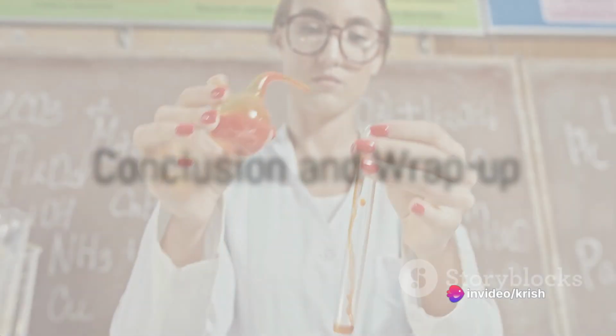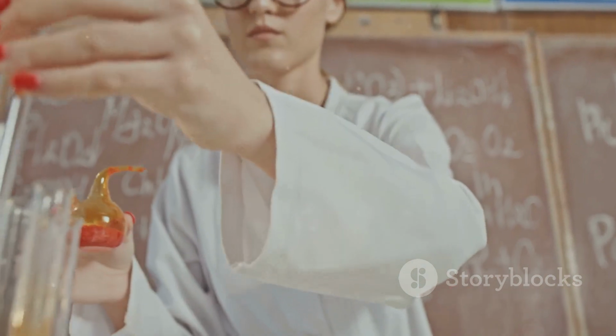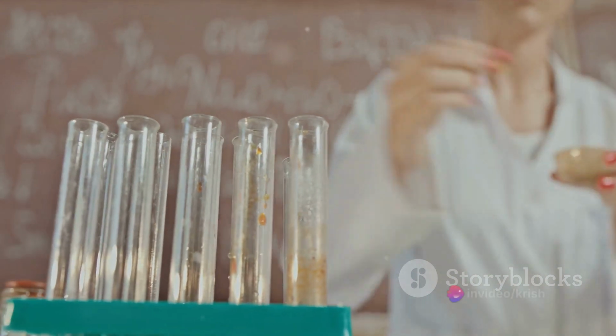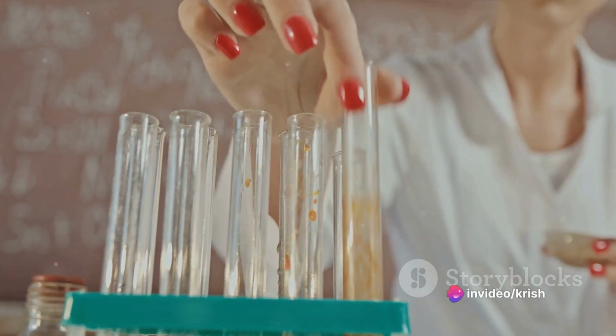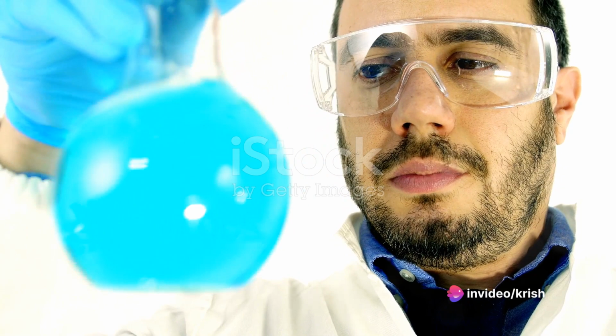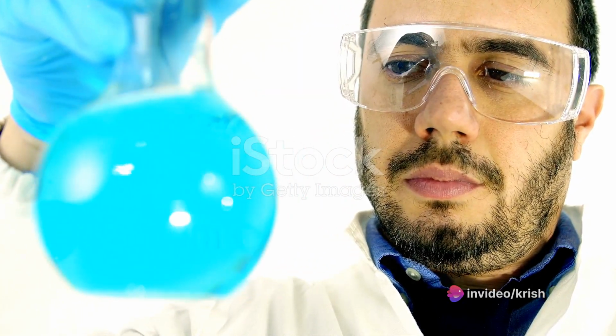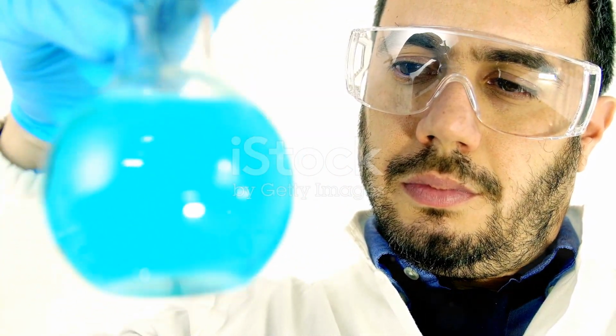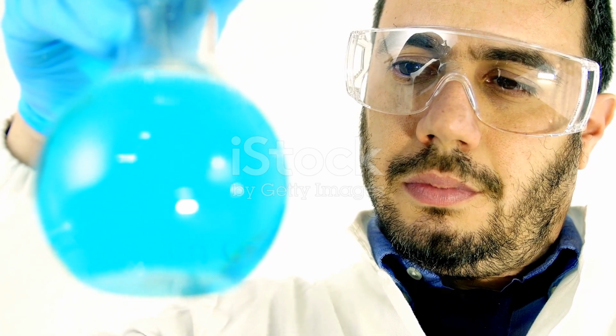So, what have we learned today? We embarked on a journey into the captivating world of chemistry, specifically exploring the reactions between acids and bases. We started our experiment by introducing our lineup of chemicals: hydrochloric acid, sulfuric acid, and acetic acid, which are all acids. On the other side, we had sodium hydroxide and ammonia, our examples of bases.